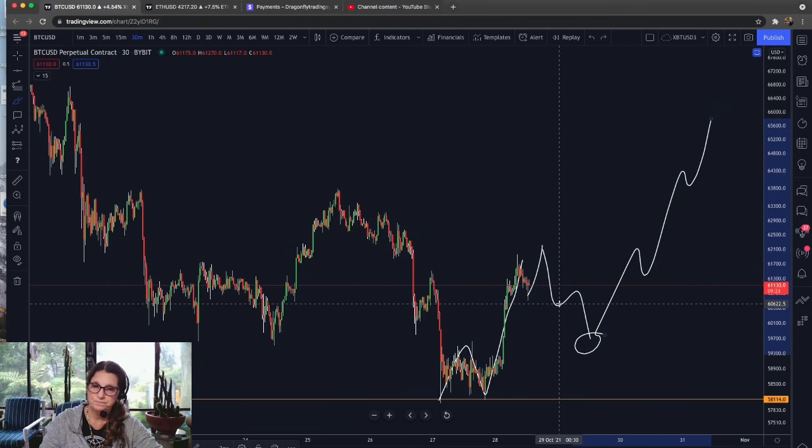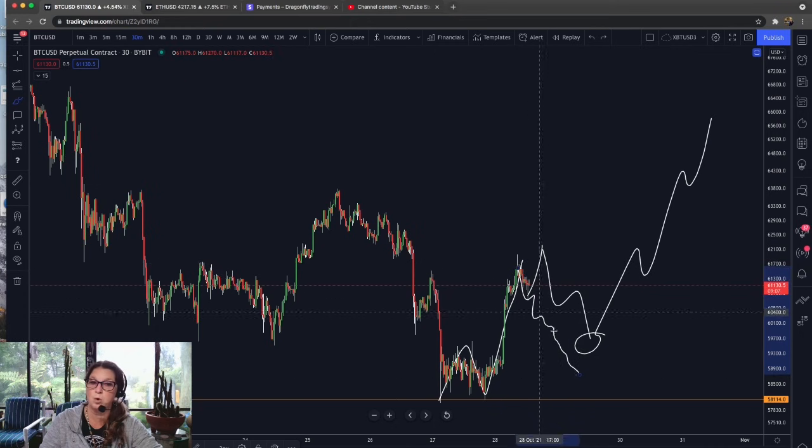Okay? The deeper we come with a correction, the less likely it's going to be a wave 2 or a B. Or, I mean, the deeper it comes and the longer it takes, I'm going to be leaning more B. That's what I meant.